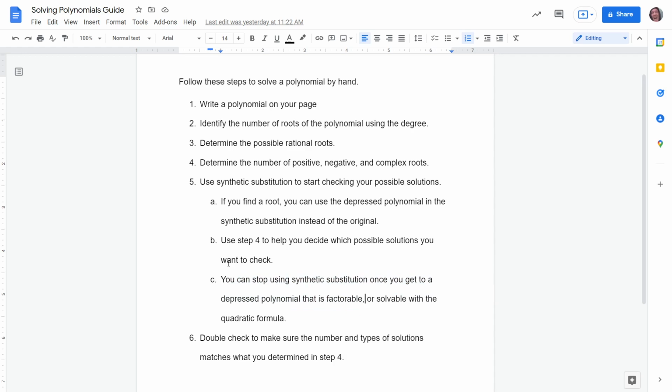The last bit is, let's say you start on a fifth degree polynomial and you find three roots through synthetic substitution. Boom, boom, boom. And you've depressed the polynomial all the way down to a quadratic. Stop using synthetic substitution. You know how to factor quadratics, or at the very least, how to use the quadratic formula to solve them. So once you get down to a depressed polynomial that's factorable, for me that usually means a quadratic.